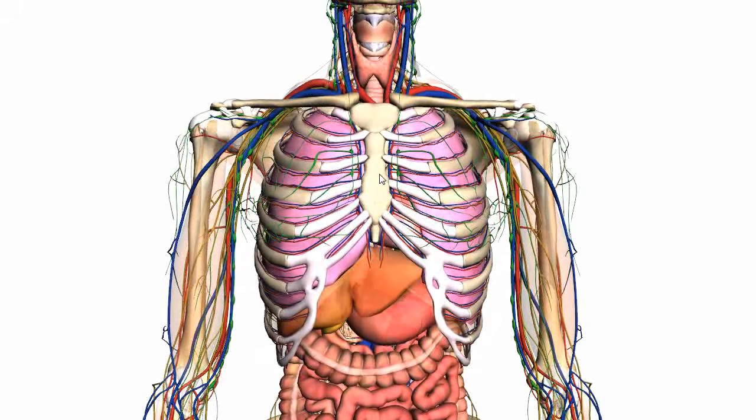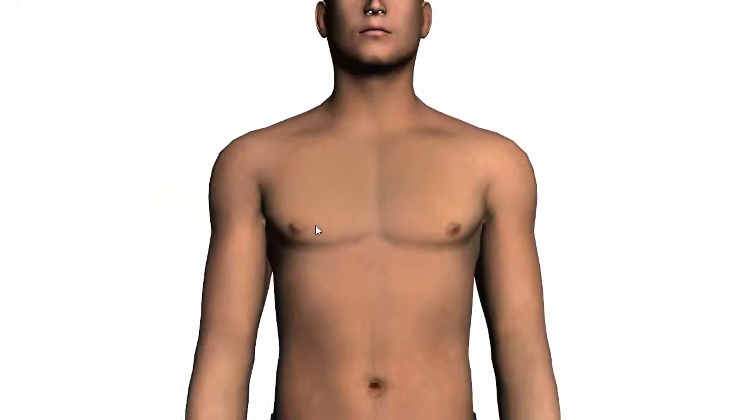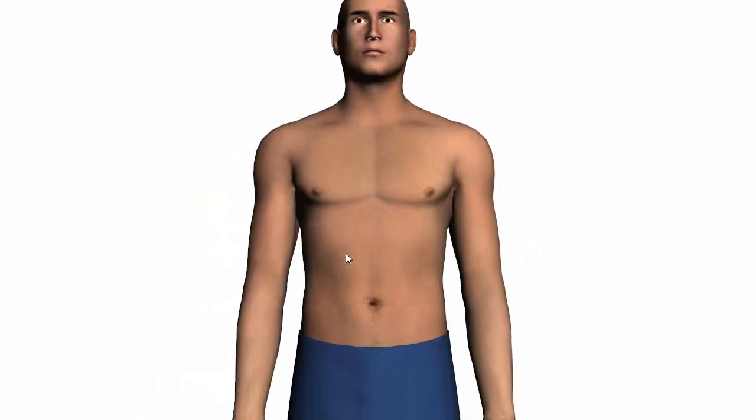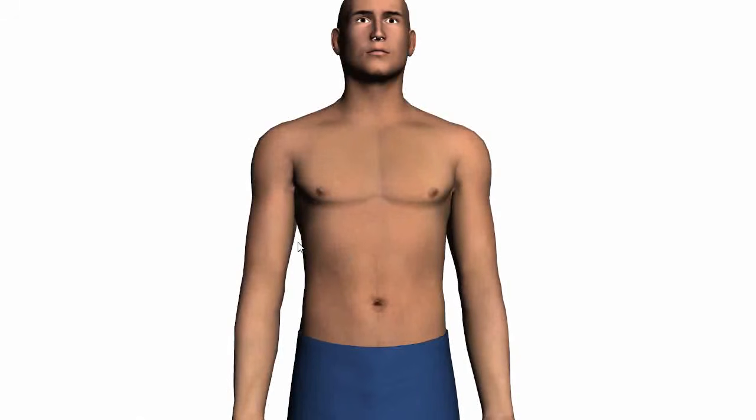The sternum is medial to the ribs. So medial and lateral just refer to either closer or further away to the midline.